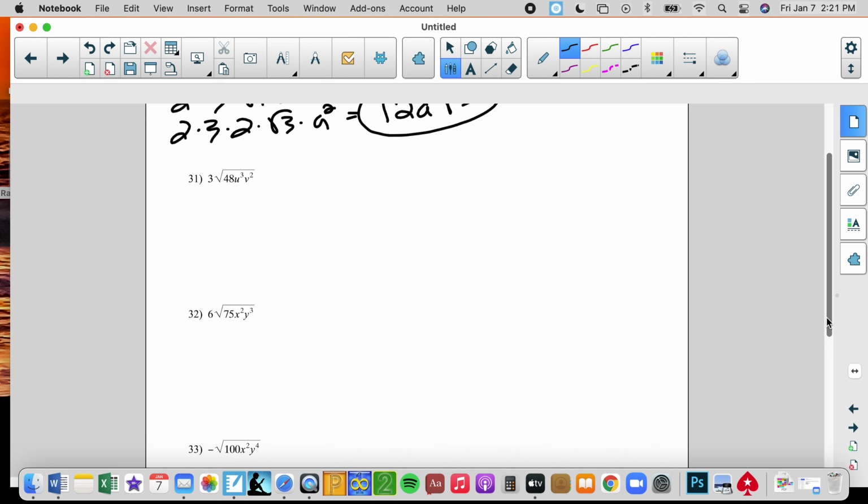Different letters finally. Number 31, 48. Well, rad 4, rad 12, rad u to the 3rd, rad v squared. 3 times 2, rad 12 can be simplified. U to the 3rd is u rad u.